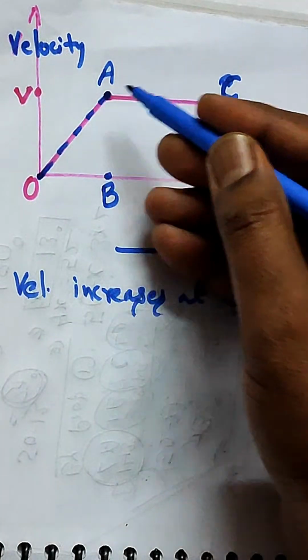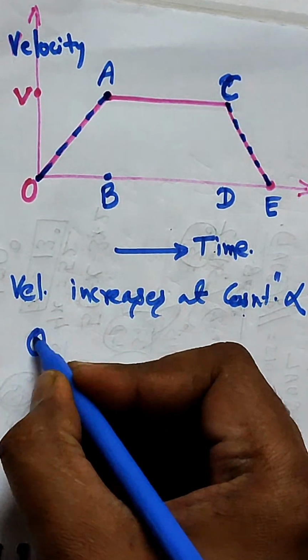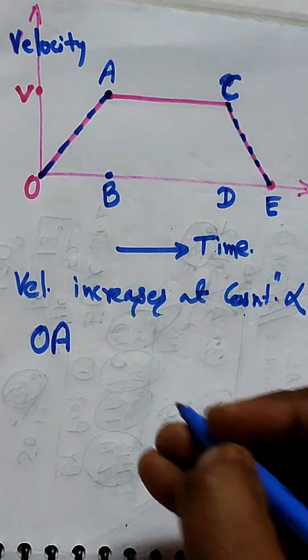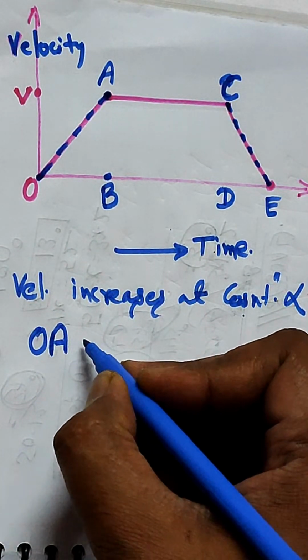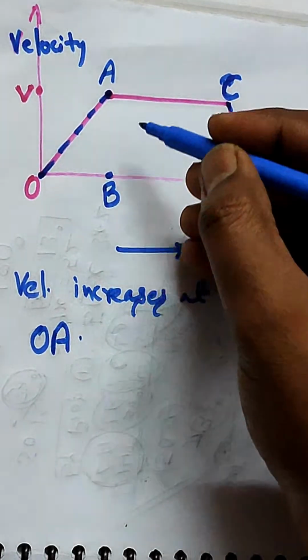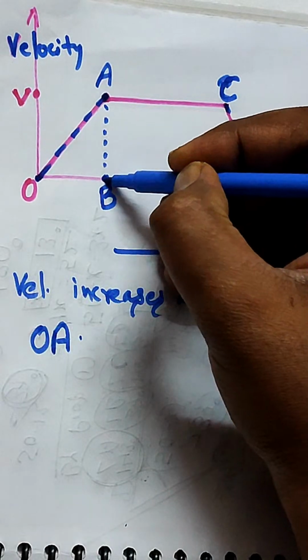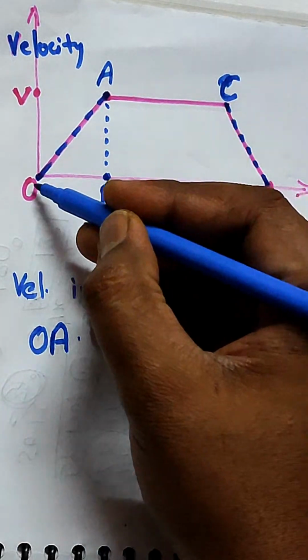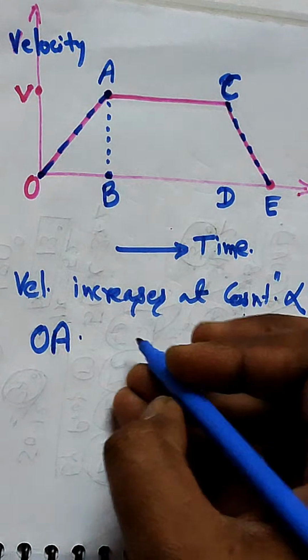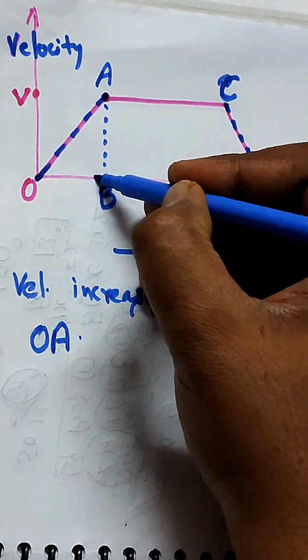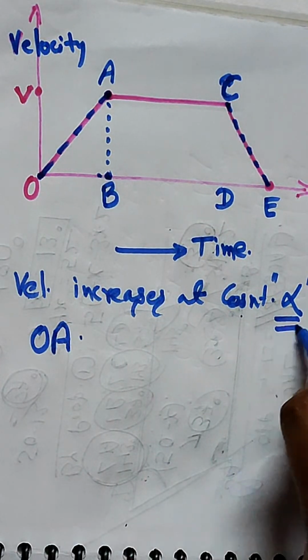So for OA, the rate of increase is alpha. The rate will be given as, if this is AB and this is OB, then the rate will be tan alpha, that is AB by OB, and that value is given to you as alpha.